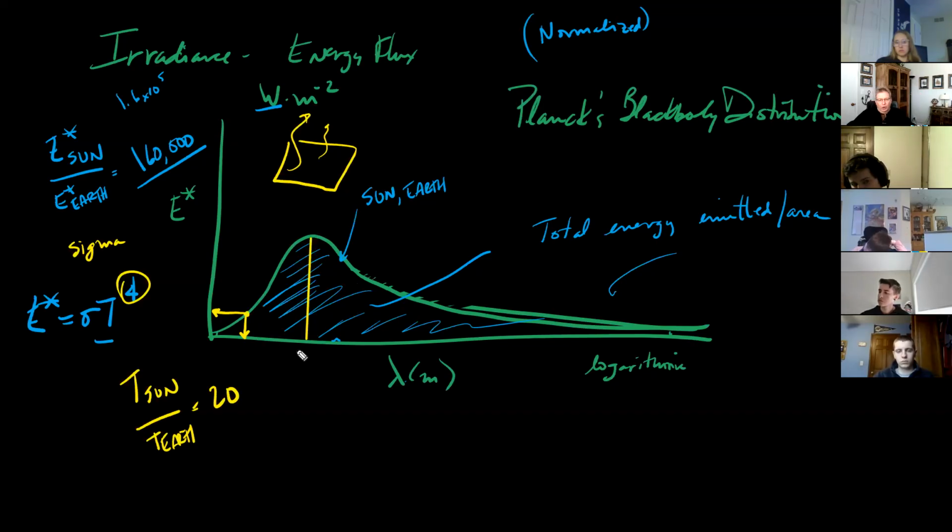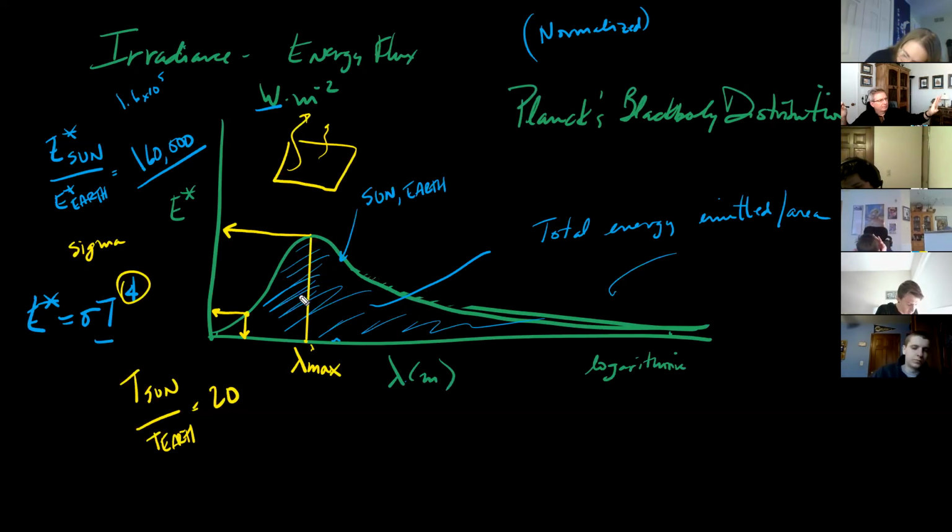This one, we're going to call lambda max, because whatever that wavelength lambda is, it's giving off more energy than any other wavelength. This wavelength is responsible for more energy than any other wavelength. Do you understand what I'm saying?